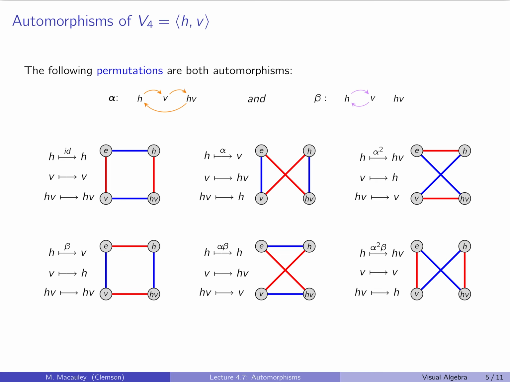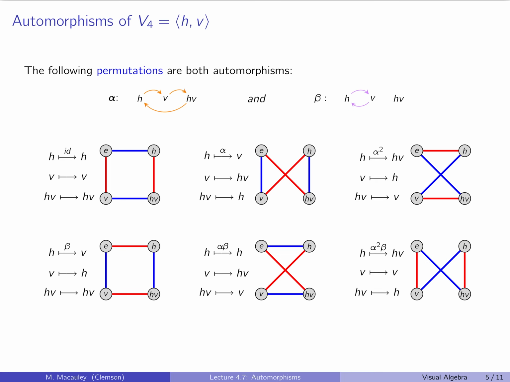If you apply beta, that's just going to swap H and V. So in this case, that's going to swap red and blue. So here's blue and red and blue. Now this is not always going to swap red and blue because over here, for example, the H path is not a color. It's red-blue. So this is not color preserving, it's path preserving.